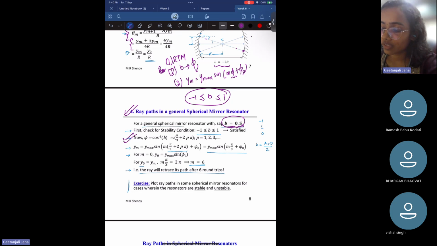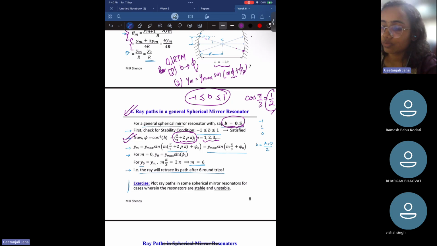So phi is cos inverse b, which is nothing but pi by 3 plus some even multiple of pi. You already know cos pi by 3 is half, that is 0.5. So if you take pi by 3 with some even multiple of pi, we get back half periodically. That is why we have taken pi by 3 plus 2p pi, where p is 1, 2, 3.